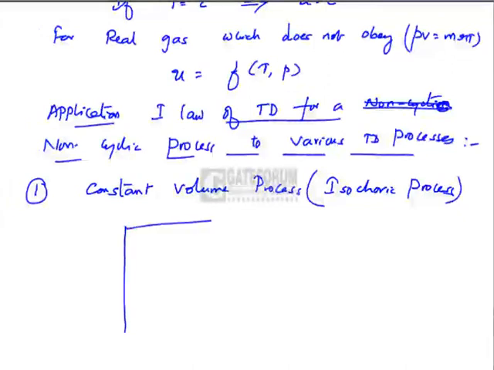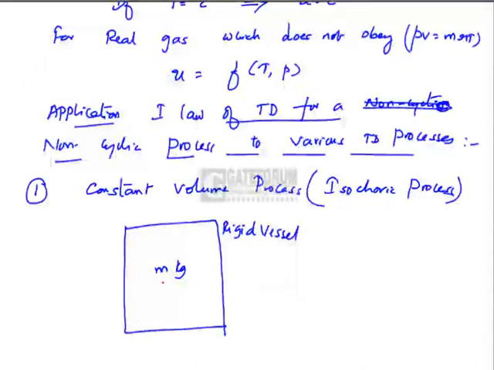Consider a gas of mass m kg in a rigid vessel or rigid container. Let Q be the amount of heat supplied to the gas.